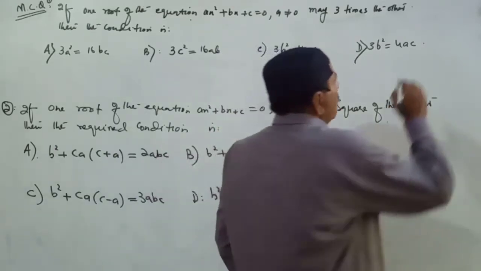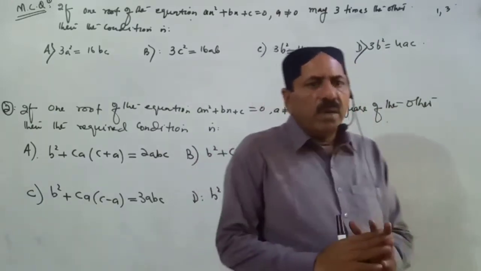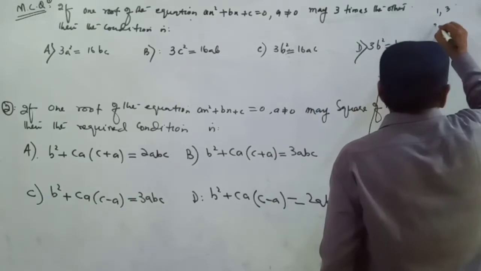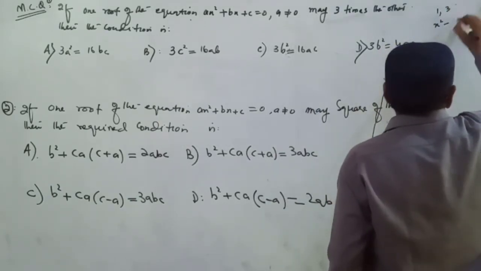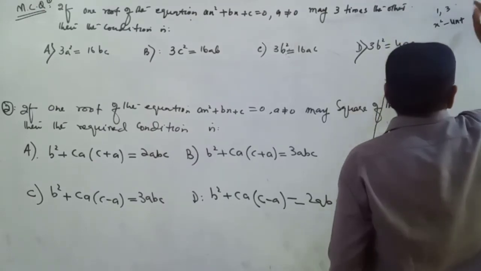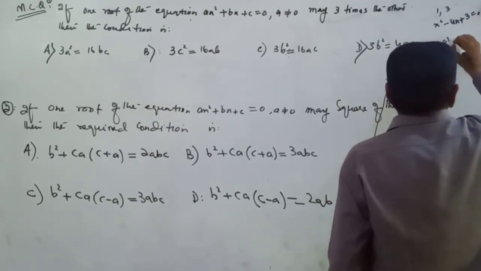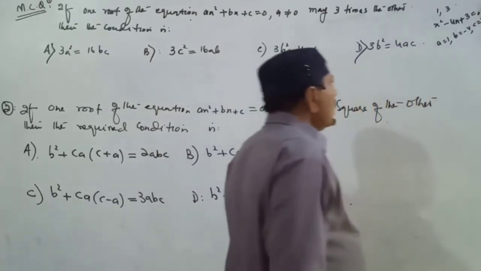If one root is 1, then the other will be 3. So the equation is x square minus alpha plus beta x, that is 1 plus 3, 4x, plus alpha into beta, 1 into 3, 3, is equal to 0. So a is equal to 1, b is equal to minus 4, c is equal to 3.